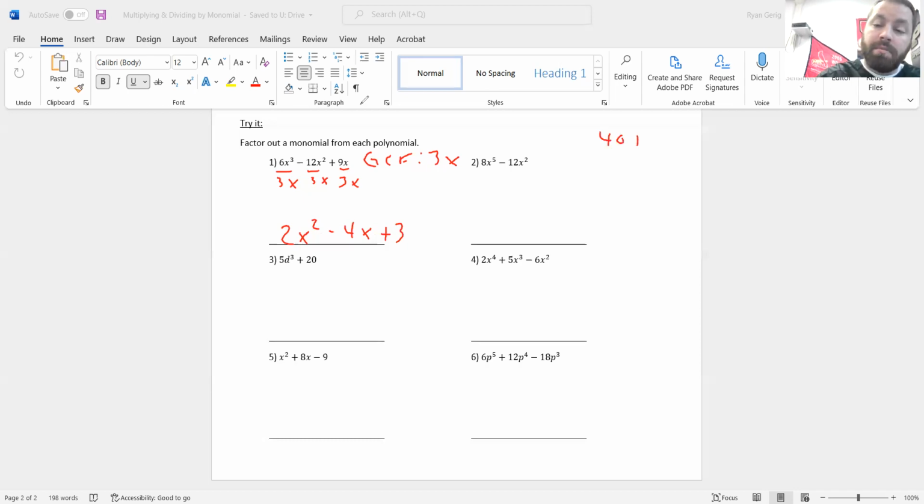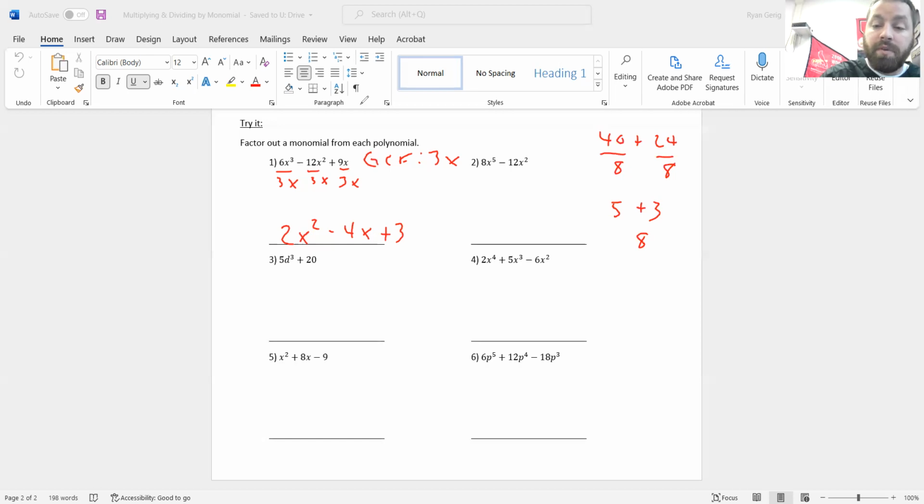Let's say I have 40 plus 24. Okay, we know that that's 64, right? I'm gonna change how I write that. I'm gonna take out the GCF of 40 and 24, and that's 8. I'm gonna take 8 out. 40 divided by 8 is 5. 24 divided by 8 is 3. If I just do 5 plus 3, I'm not going to get the same answer as what I had at the beginning. 5 plus 3 is 8, right?